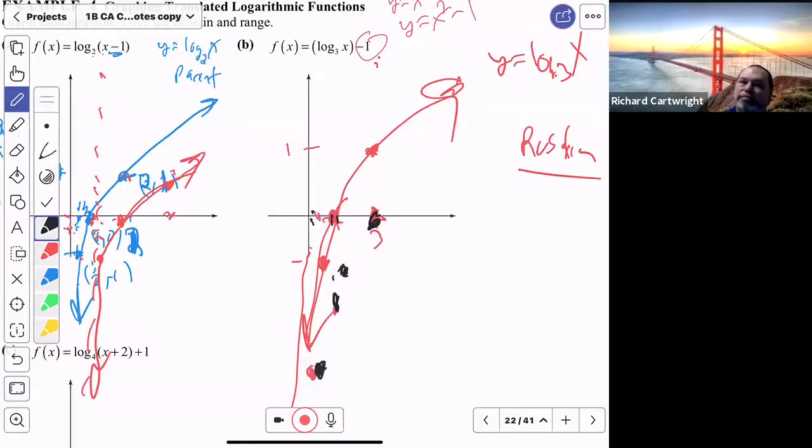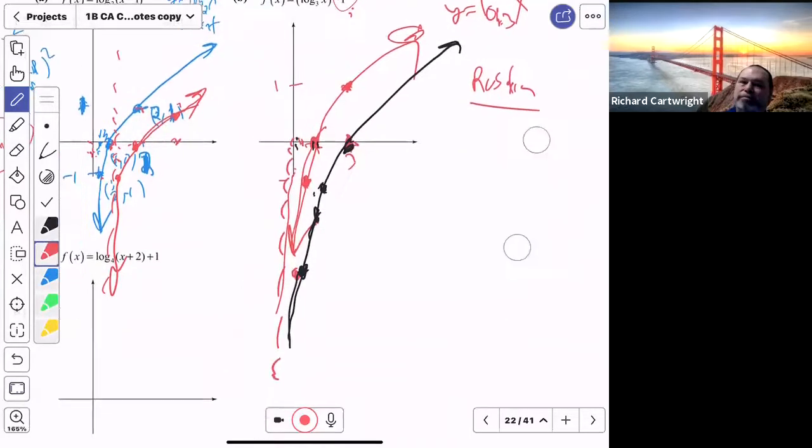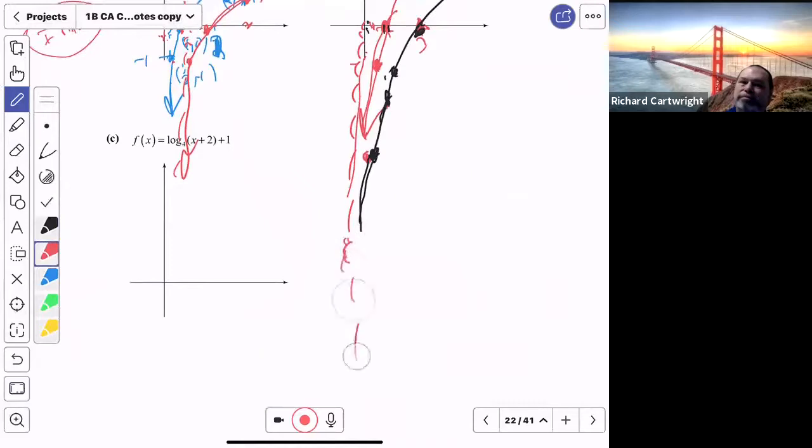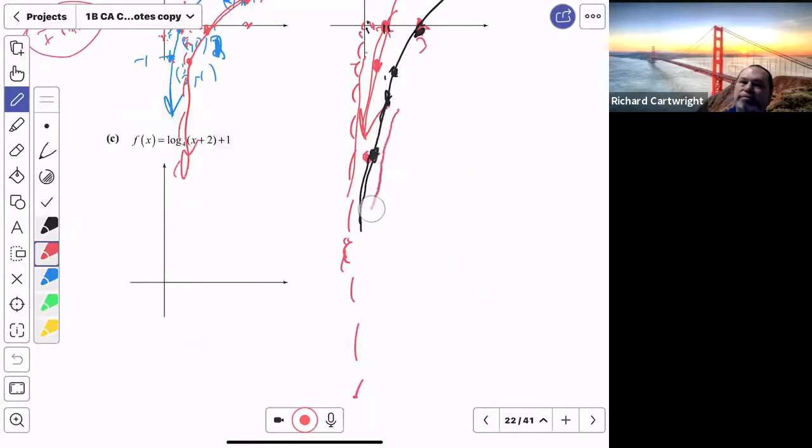So it looks almost the same picture, except everything shifted down 1. Did the asymptote move? No. The asymptote's still there. It's just going to take a little longer for this one to hit the asymptote, or not hit it, but get closer.